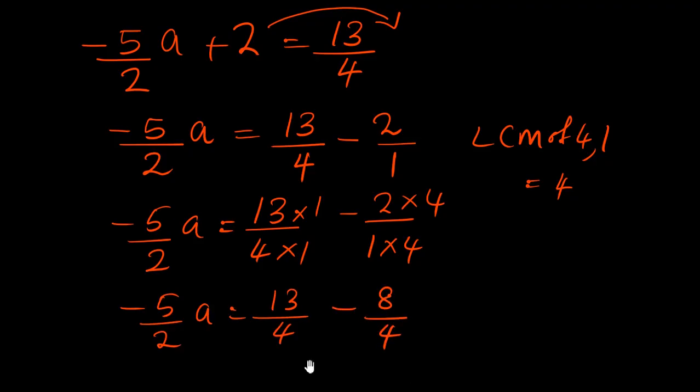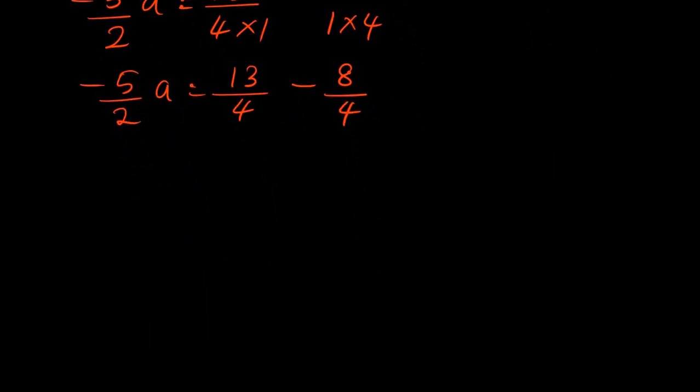Okay. So the left side is negative 5 over 2a, which is equal to, these are like fractions now with the same denominator. So 13 minus 8, just subtract the numerators, 13 minus 8 is 5 over 4. Okay, so we have to find the value of a.